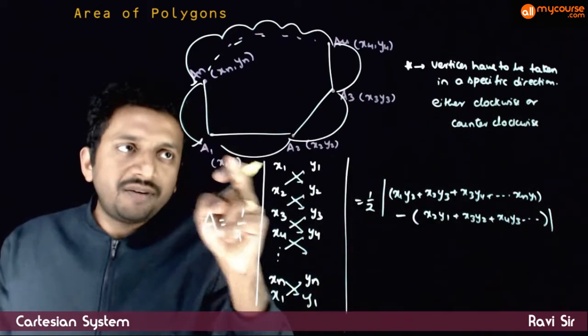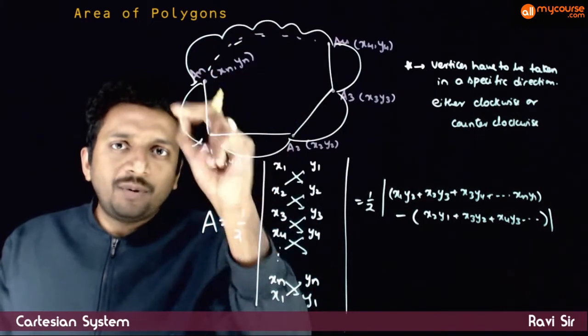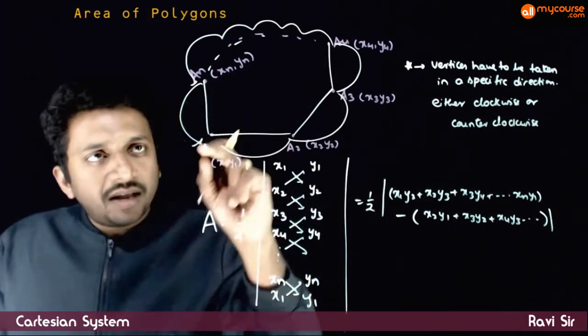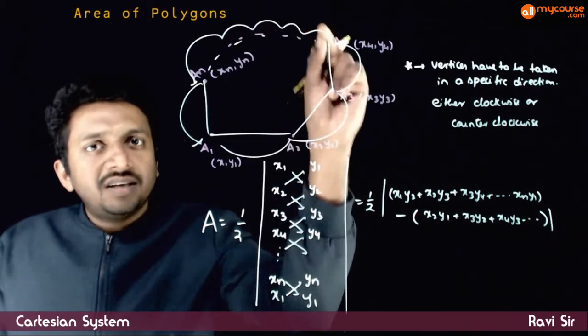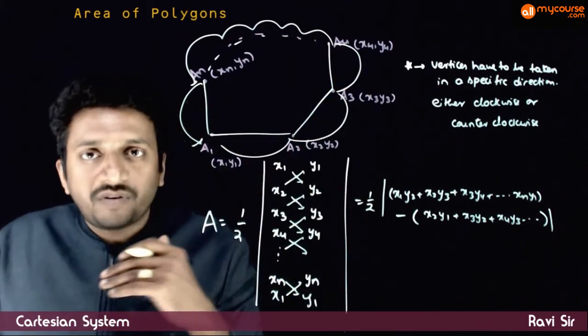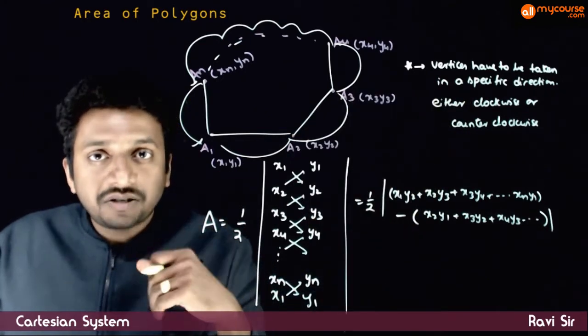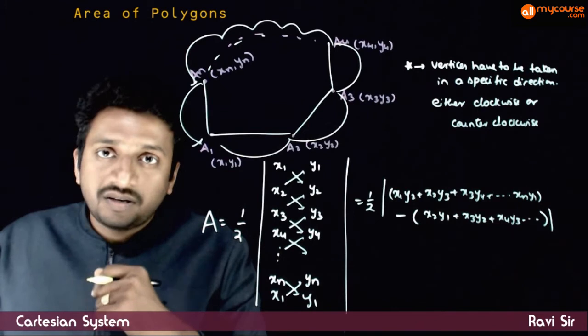For example, if I take the vertices in this direction, that means I am going in counterclockwise direction. I can also take the vertices in this direction and come back to my original point. That is called clockwise direction. You have to either take all the vertices in counterclockwise direction or in clockwise direction.